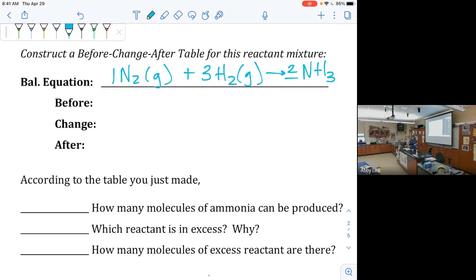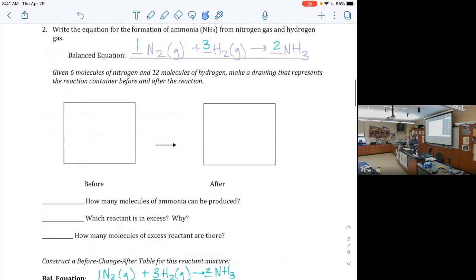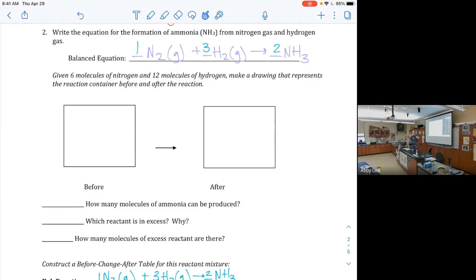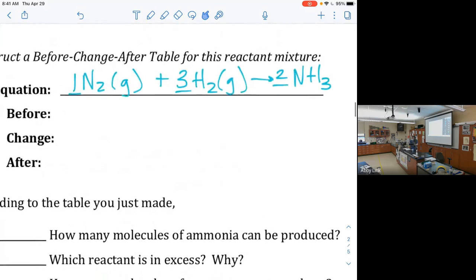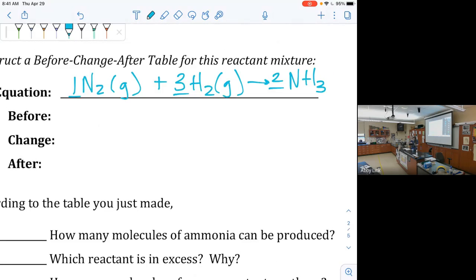All right. What is our problem telling us to start with? We are to start with 6 molecules of nitrogen and 12 molecules of hydrogen. So let's go ahead and plug that into our B. 6, 12, you know it already. We have 0 molecules of our product to begin with.